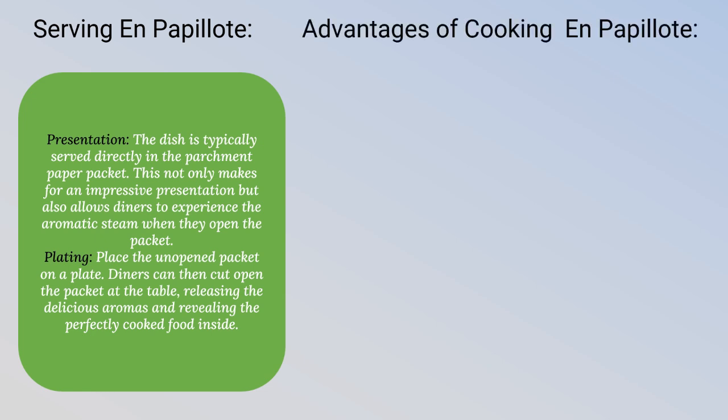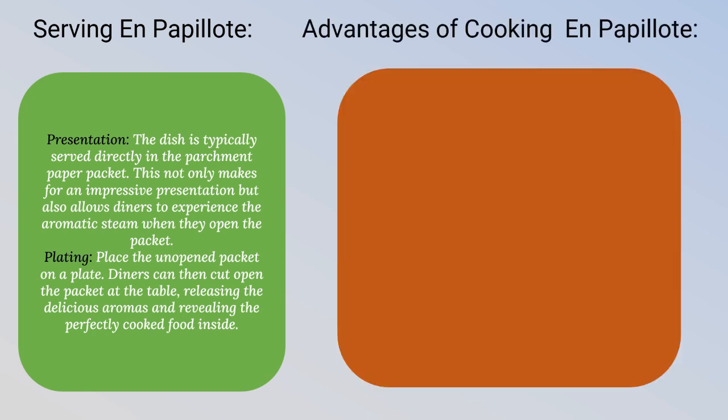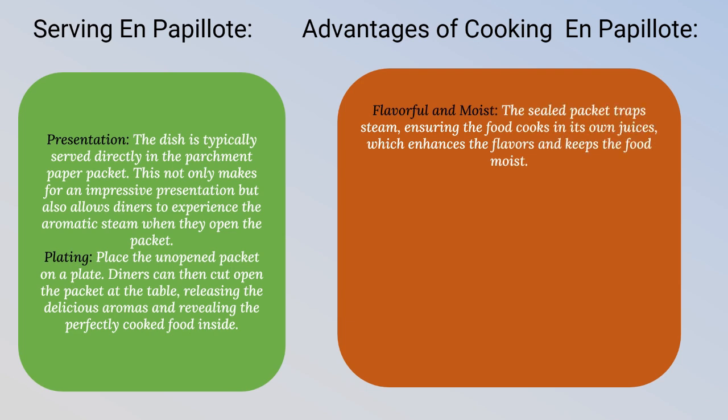Now, what are the advantages of cooking papillote? First of all, it is flavorful and moist. The sealed packet traps steam, ensuring the food cooks in its own juices, which enhances the flavors and keeps the food moist. That you well understand.